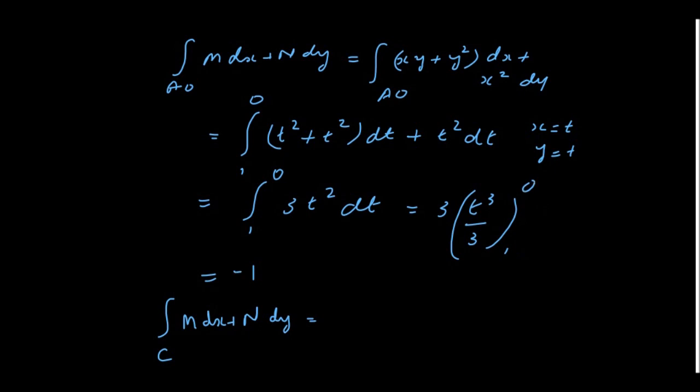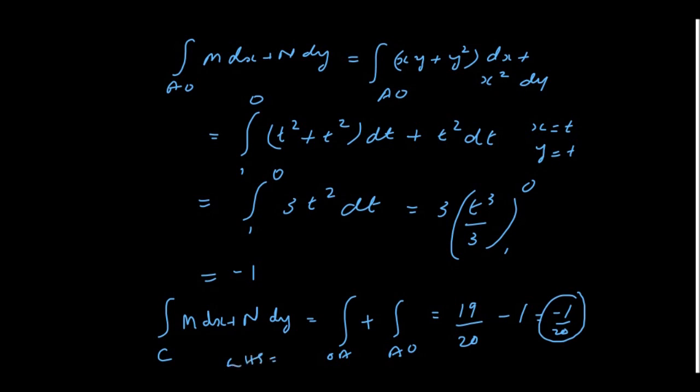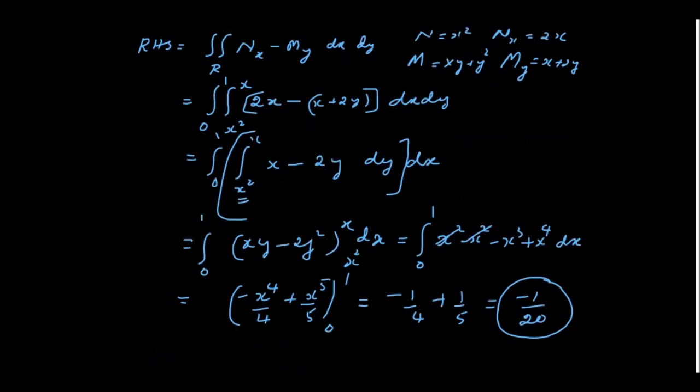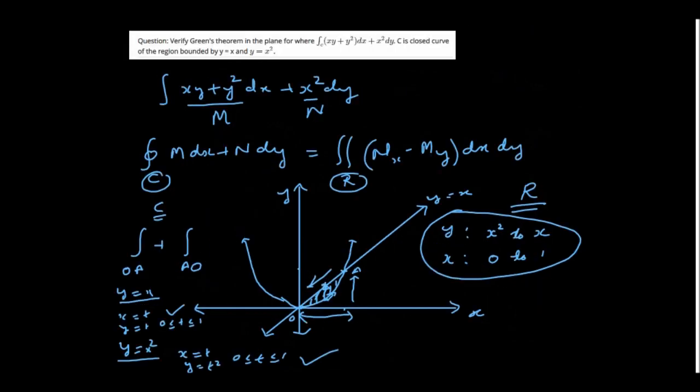So we add the integral over OA plus the integral over AO. The first integral we got 19 by 20, minus 1, so this is equal to minus 1 by 20. So this is your LHS. LHS equals minus 1 by 20, and previously we got RHS as minus 1 by 20, meaning LHS and RHS are equal, hence our Green's theorem is verified.